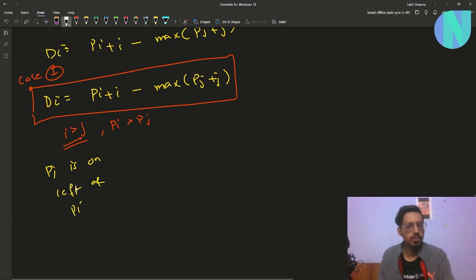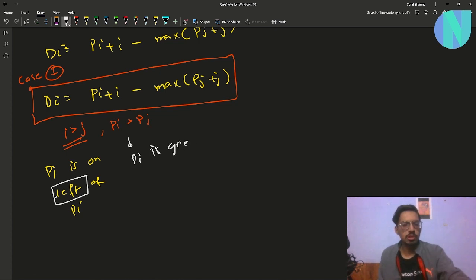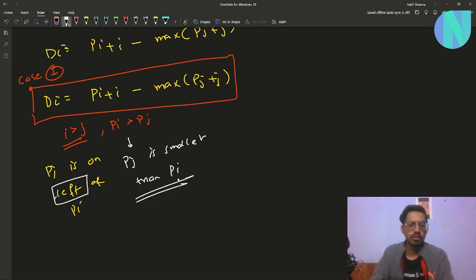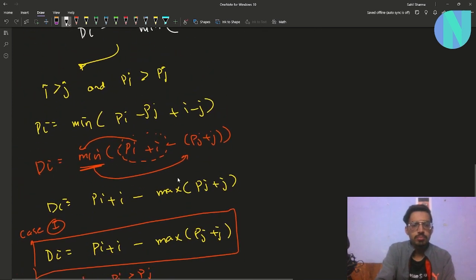And here it says that your element pi is greater than pj, or you can say your pj is smaller than pi. That is the first case.